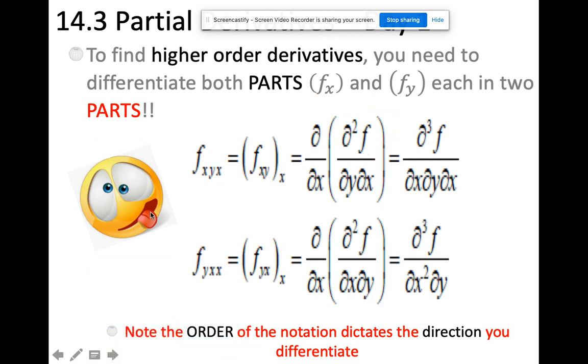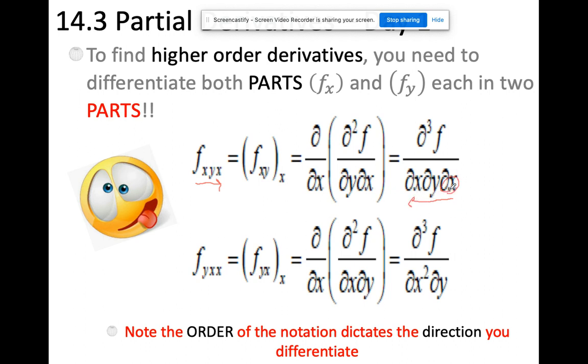Here's the third derivative. Again, your notation really matters. This was, I took the partial derivative of f with respect to x, then y, then I'm going to do x again. So again, you got to read this one this way.